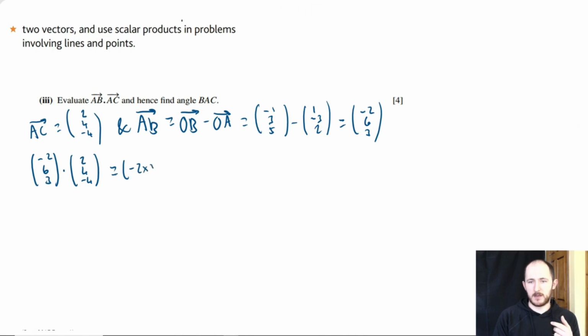Minus 2 times 2, so the top components, plus the middle components, plus the bottom components. And you do keep the same signs and everything, so it's not too bad. So you have minus 2 times 2 is minus 4, plus 24, which would be 20, minus 12, which would be 8. Again, here's a calculator test, but I'm being a bit lazy.